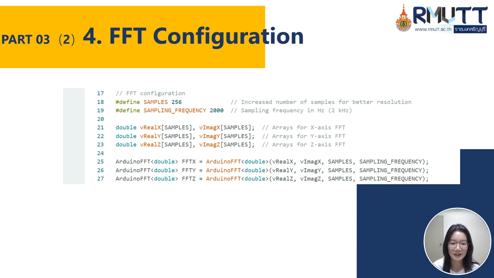The sampling rate is 2000 Hz, which is 2000 samples per second, and we allocate the arrays and objects required for FFT calculations for the X, Y, and Z axes.